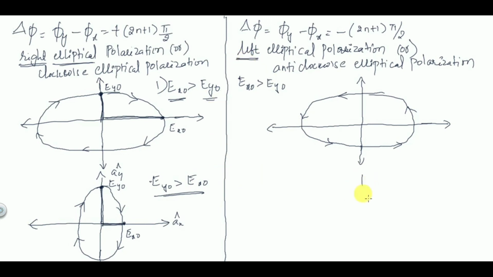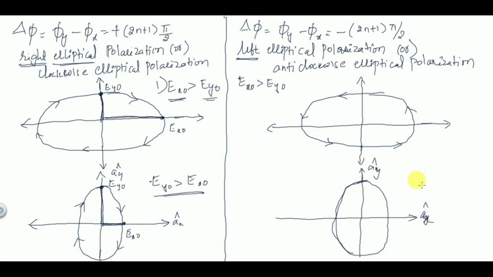And again, if you have the other type, like this, this will be Ay cap, sorry, this is Ax cap, and this is Ay cap. When Ey0 is greater than Ex0, this is the locus.